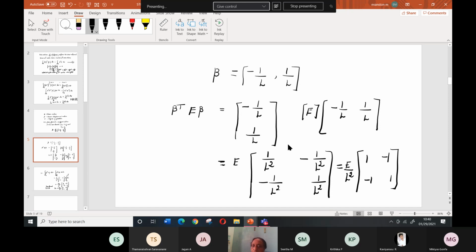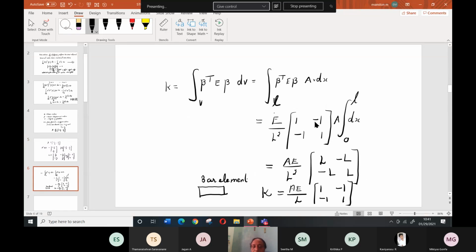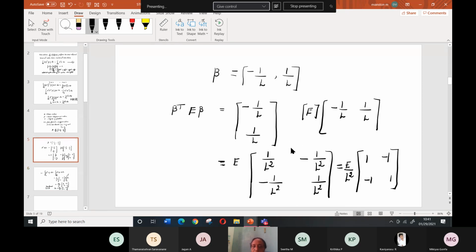In the shape function, you will have the value of slope and deflection. So beta is nothing but d square by dx square. Here it is d by dx, and there you have to differentiate twice. So that's the difference.